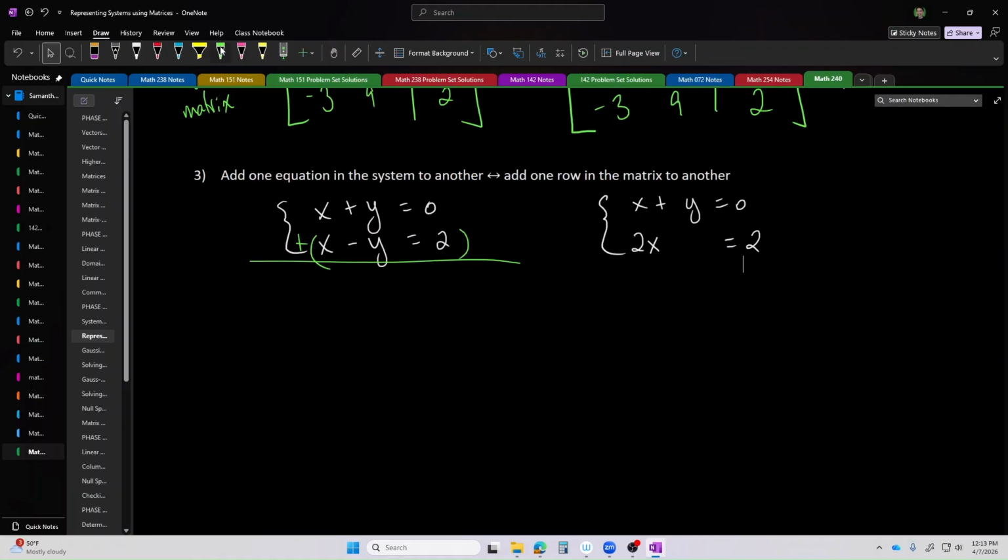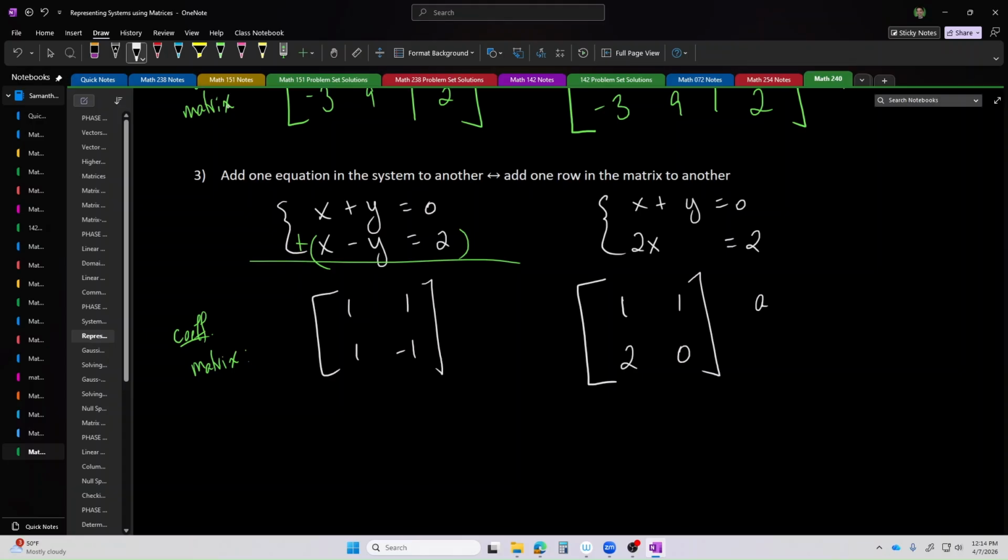If I consider the corresponding action on the coefficient matrix for this system, the coefficient matrix originally was 1, 1, the coefficients of x and y, as well as 1, negative 1, the coefficients of this x and this y. And after adding the first equation into the second equation, we get 1, 1, 2, 0. And so this is just add row 1 into row 2.